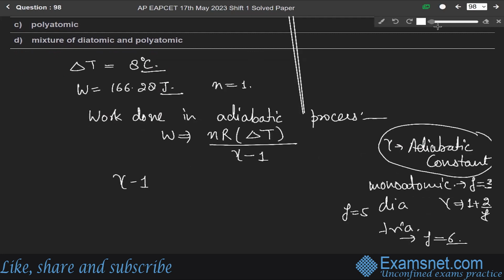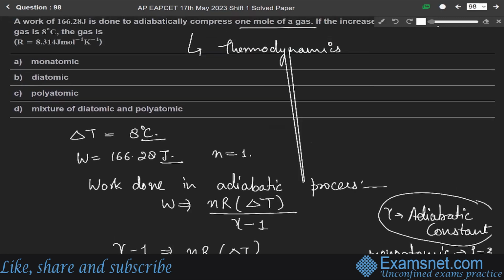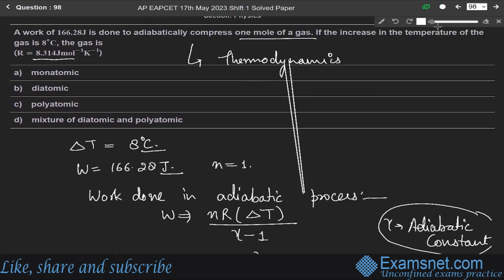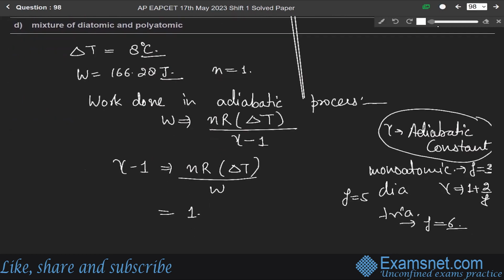So gamma minus 1 equals nR delta T over W. The number of moles is 1, and R is the gas constant, given as 8.314. So it will be 1 into 8.314 into delta T, where delta T is 8 degrees Celsius, over the work done, 166.28.